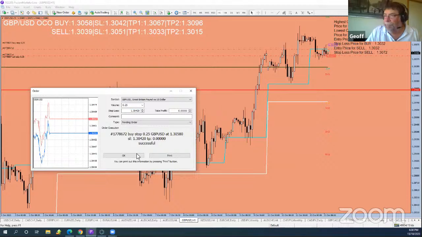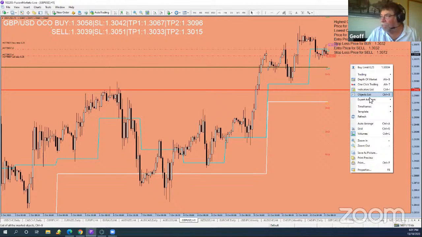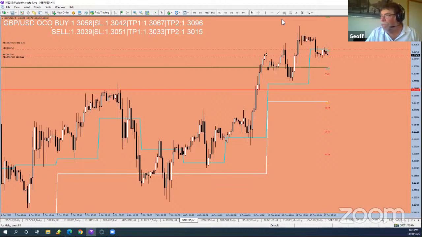Okay. All those labels are now correct apart from the TPs on the buy. So the TPs on the buy, let me get rid of that. We may not have to worry about that.